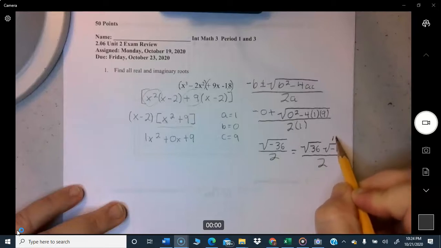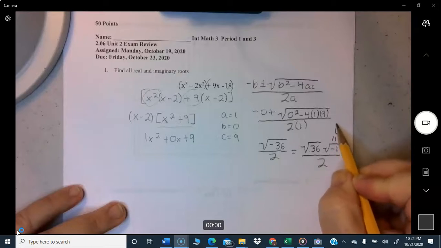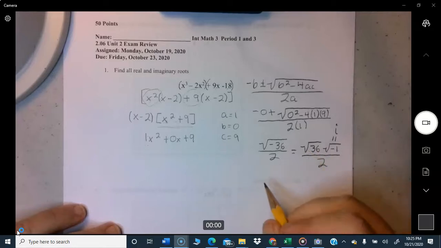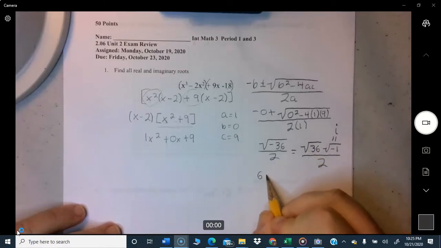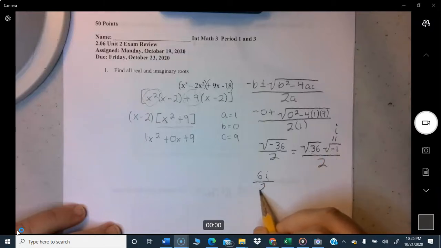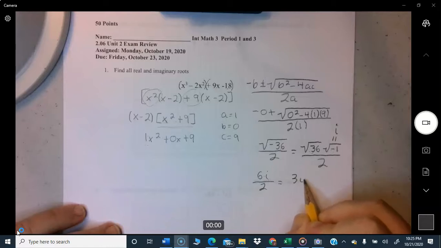And we know that this one, square root of negative 1, equals i. That's what is the definition of i is. It's the square root of negative 1. Okay, so we can simplify that. The square root of 36 is 6. I think everybody knows that. So we're going to come down here and put 6i for that. So this is 6. This is i. Over 2. Which equals, you can reduce that to 3i.